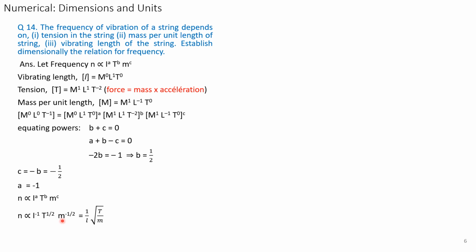That can be written as 1 over L into the square root of T over M. Hence, we have proved that frequency is equal to 1 over L into square root of T over M.